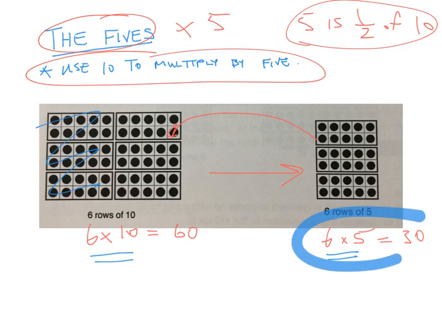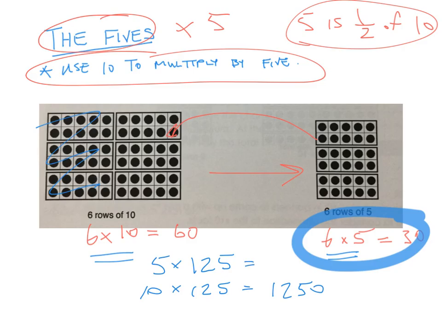Everybody knows 6 times 5 equals 30. That's not terribly difficult. But what if I had 5 times 125? Well, I could figure that out really quickly by figuring out, well, 10 times 125 is 1,250.